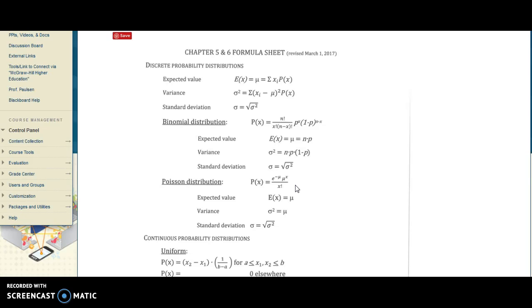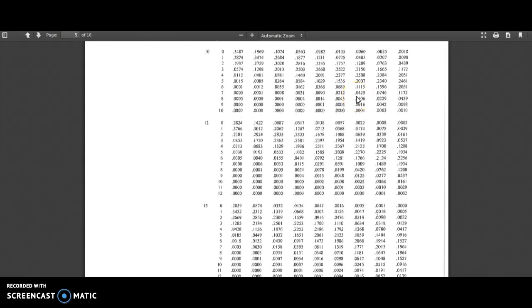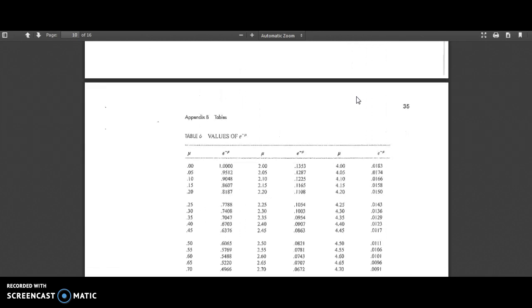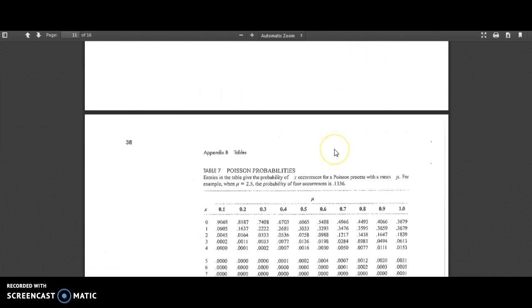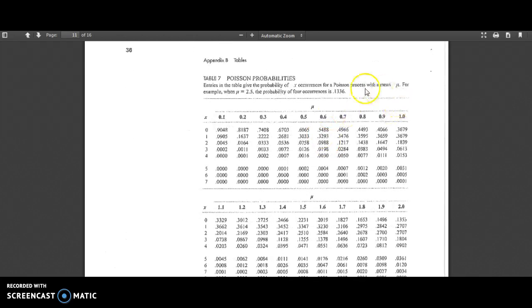Note we do not do section 5.6, the hypergeometric distribution. There's the formula, the expected value, the variance, and the standard deviation once again. If you go back to those tables after the binomials, and yes, you have to page through them, here's table 6, which is just values of e to a power. You can avoid that. But here are Poisson probabilities.